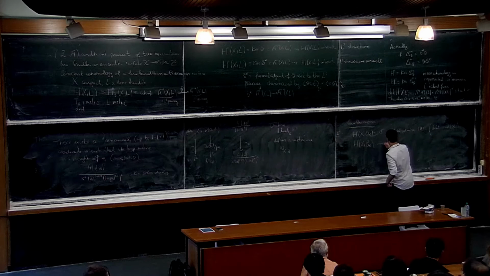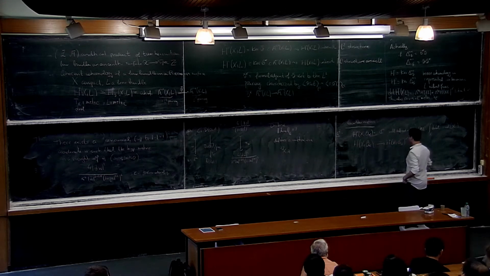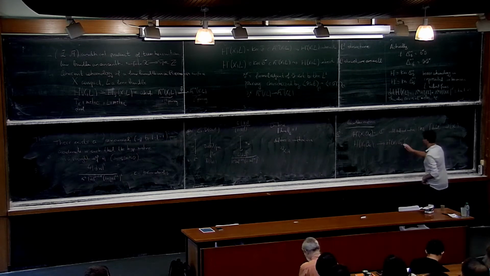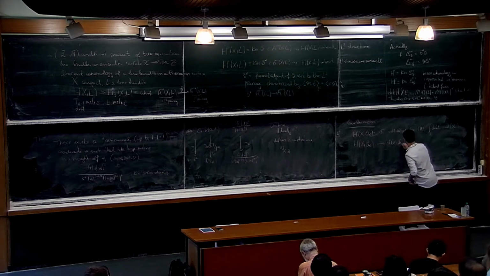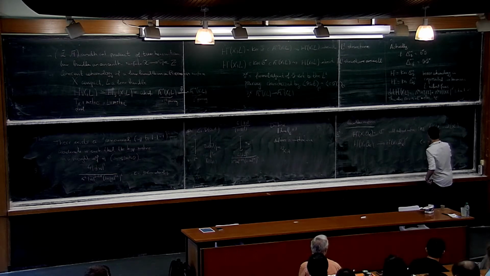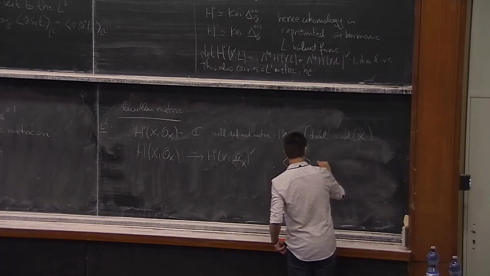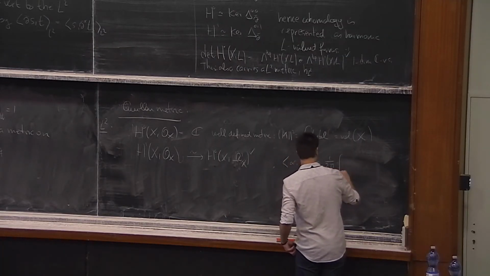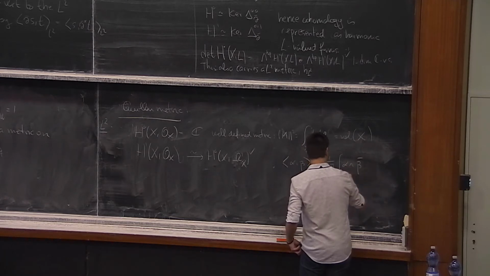This space is dual to the H0 of the cotangent, if you want. And in here, the metric is canonical. So in this space of differential forms, we use a metric like the one in Fabricio's talk. We use this.